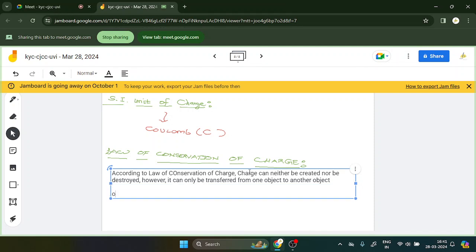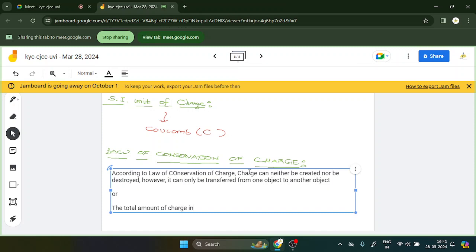Or we can also say, another definition: the total amount of charge in an isolated system remains constant. Clear? So from one system, one object to another object, it can be transferred.